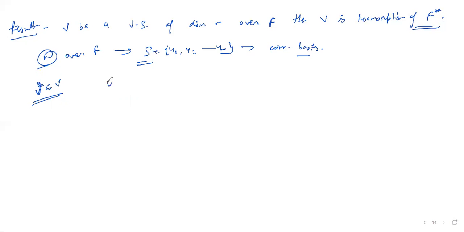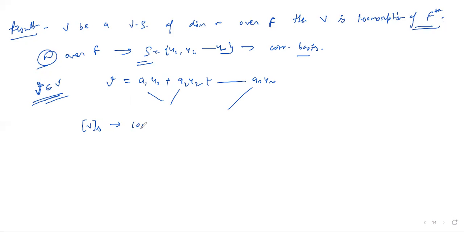So I can denote this v as a1 u1 plus a2 u2 up to an un, where the ai are scalars from the field. If I can write this vector v as a unique linear combination, it means I can write this vector as a unique n-tuple of coordinates.